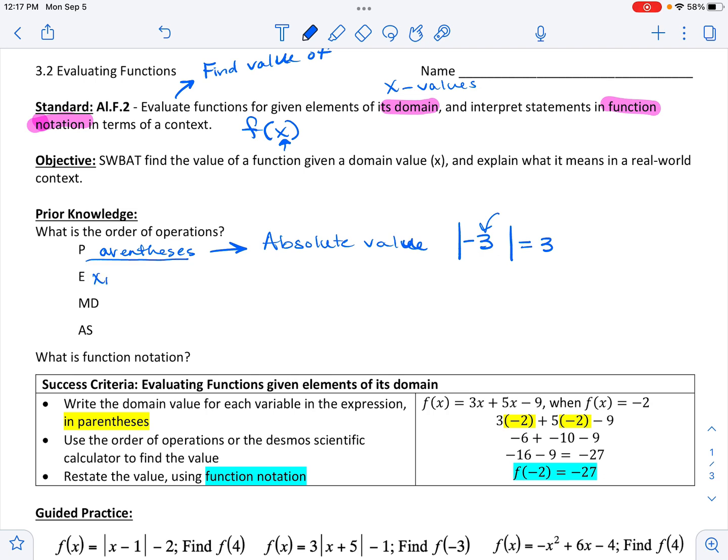E stands for exponents. I always put M and D together. That stands for multiply and divide. But the most important part is to recognize that this is as you go from left to right.